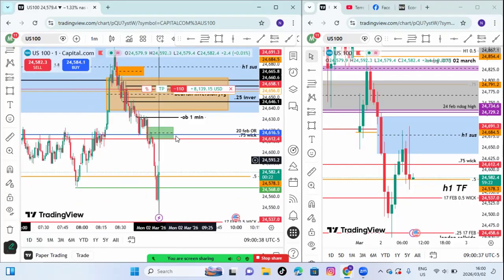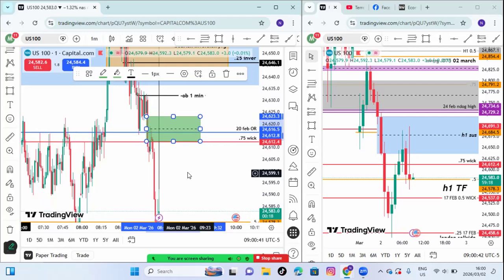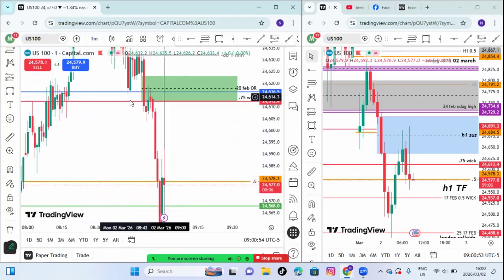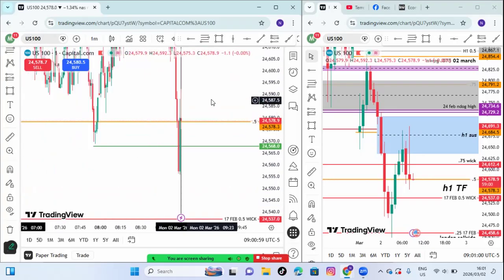So fair value gap here respected. Let's zoom in. Fair value gap respected. Also 20 Feb open range there, right? It was hit there. Daily 7.5 respected there too. And now this is a weekly wick, half of it.